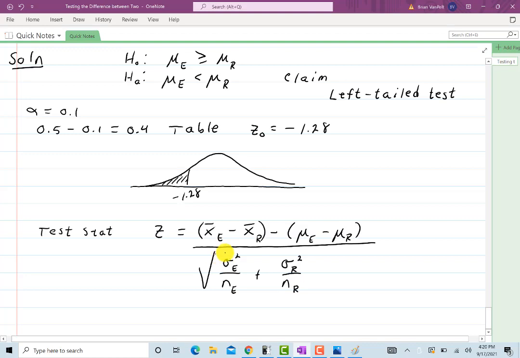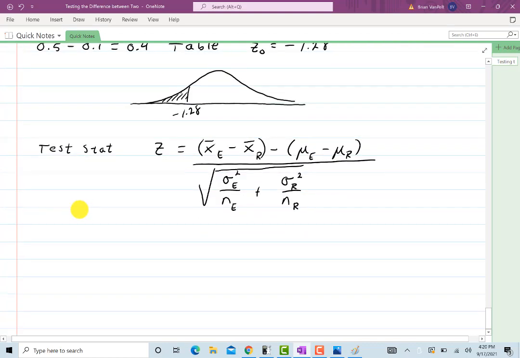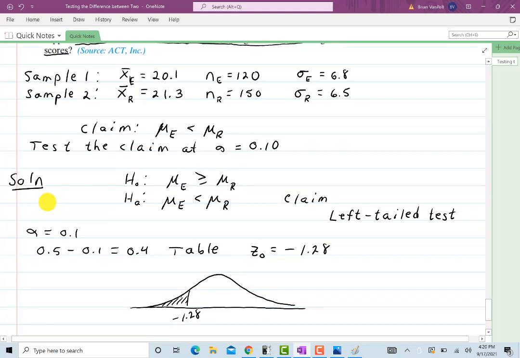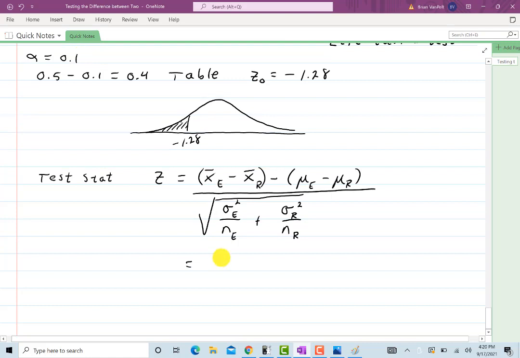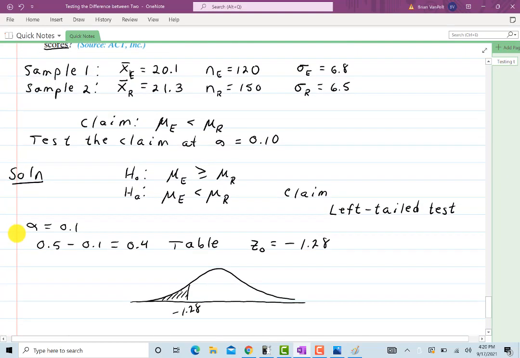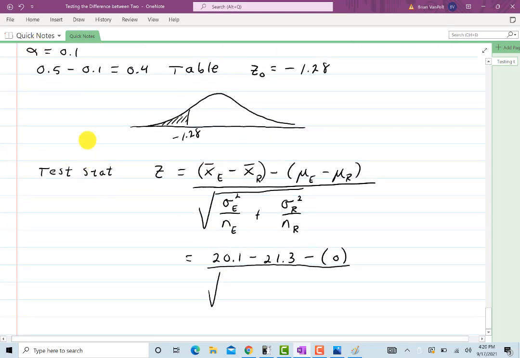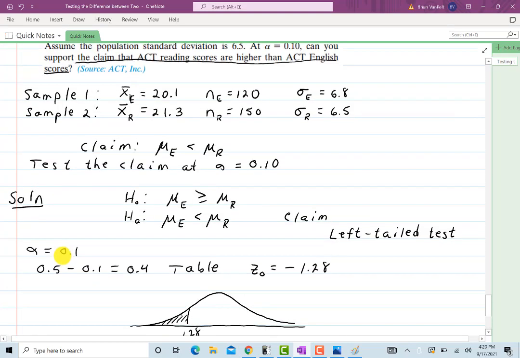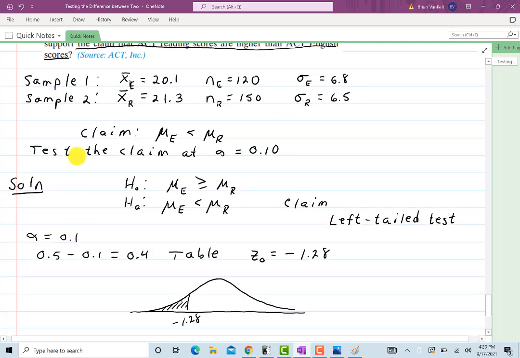And let's get all of those numbers. All right, I need my samples now. Where are my samples? 20.1 and 21.3. So 20.1, 21.3 minus, and the other part is 0 almost always. Down here, let's see what my sigma and n's were. So 6.8, 120. And then the other one was 6.5 and 150.